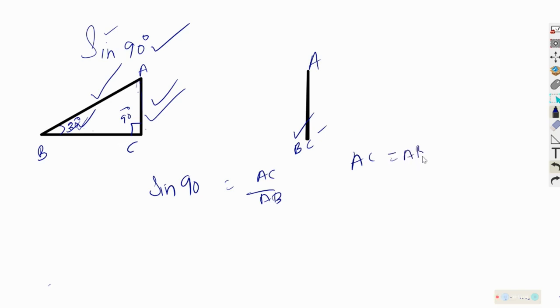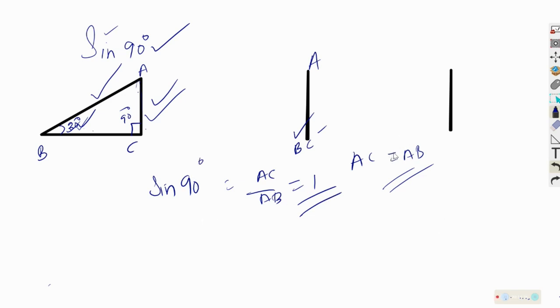I will show you once again. See, when I bring it down, AC is coming close to AB and it becomes 1. So AC became equal to AB. Understood? So, if both are same, answer is 1. So, sine 90 degree is equal to 1.